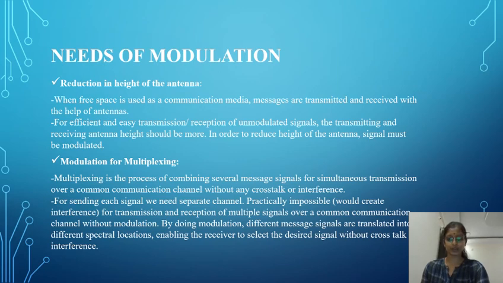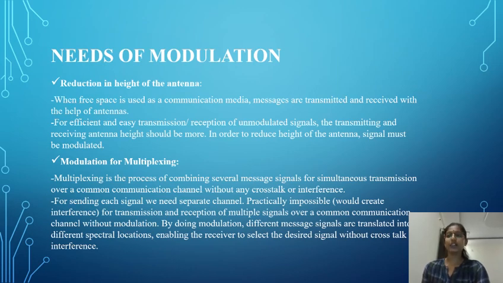For sending each signal, we need a separate channel. So each signal needs a separate channel. If the signals come close together, then there will be a disturbance in the channel, disturbance in the output also. Practically it is impossible, but still we have to separate the signals into each channel.